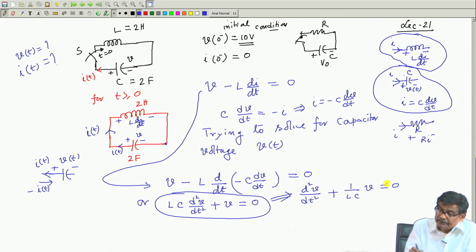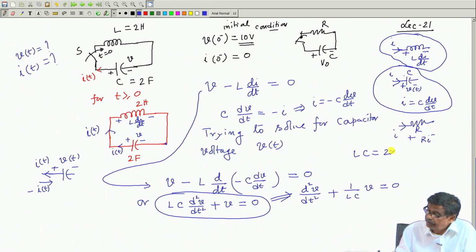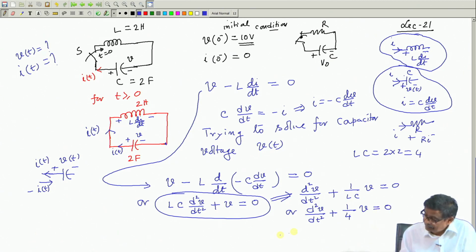And the value of L is equal to 2 Henry. So, L into C is nothing but 2 into 2, which is equal to 4 here. Putting the values, it will be d2v/dt2 plus 1 by 4 into v is equal to 0. If there is any mistake, point it out.